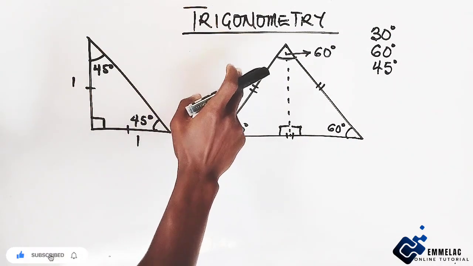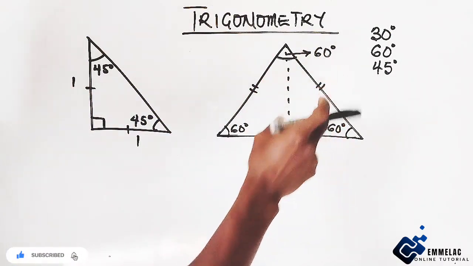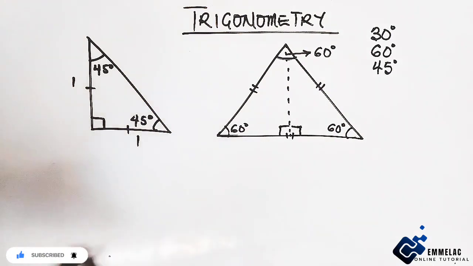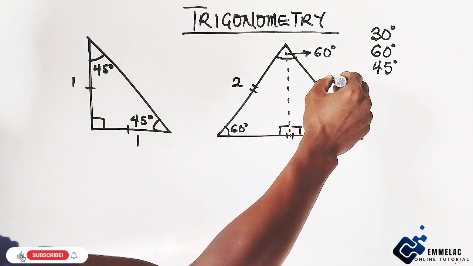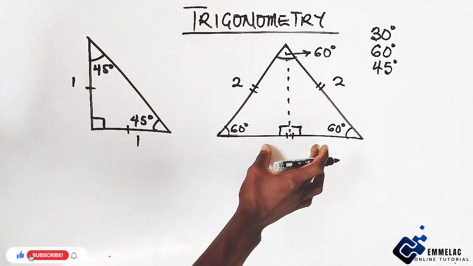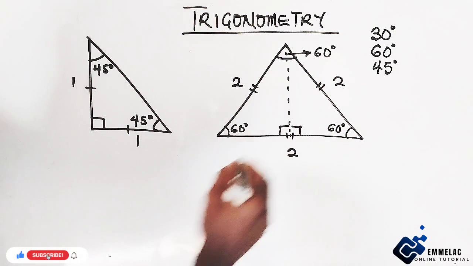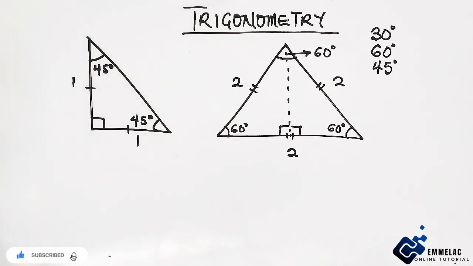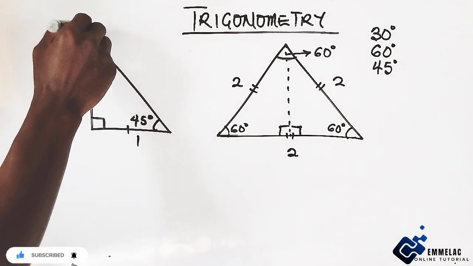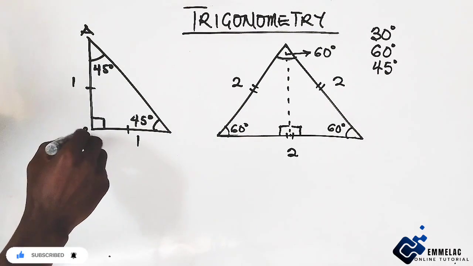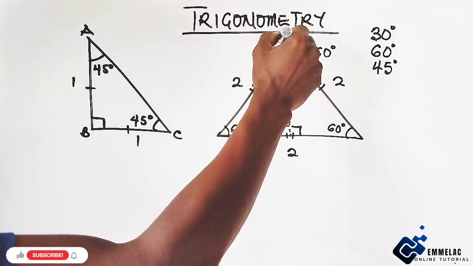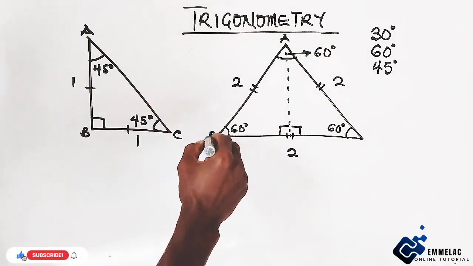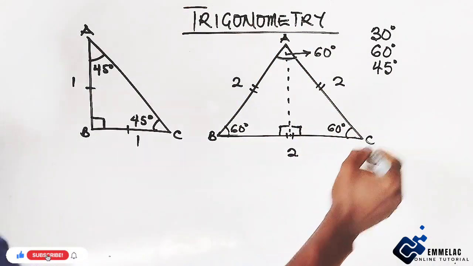If we have this side and this side the same, for convenience's sake we can represent it as 2 units, 2 units, and here 2 units, right? Okay, let us mark this A, B, and C.